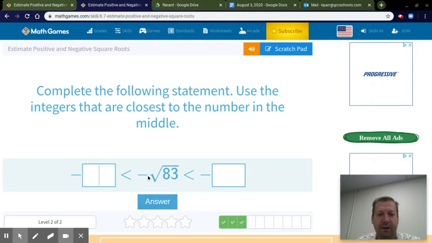Okay, this one gets a little bit backwards because I've got a negative right here. So the square root of 83 is going to be very close to the square root of 81, which is 9. But since it's negative, I need to have this be between 9 and 10. But I'm going to switch the 9 and the 10 because of the negatives.